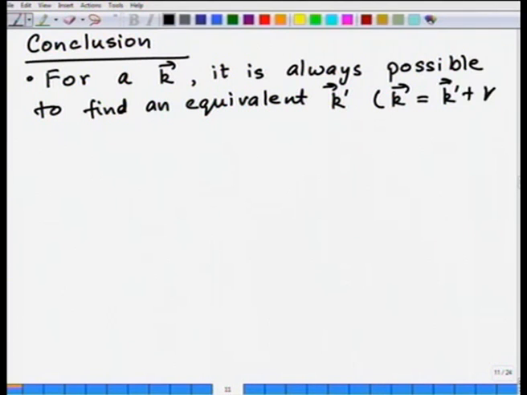It is always possible to find an equivalent k prime in the first Brillouin zone. That is point number 1.